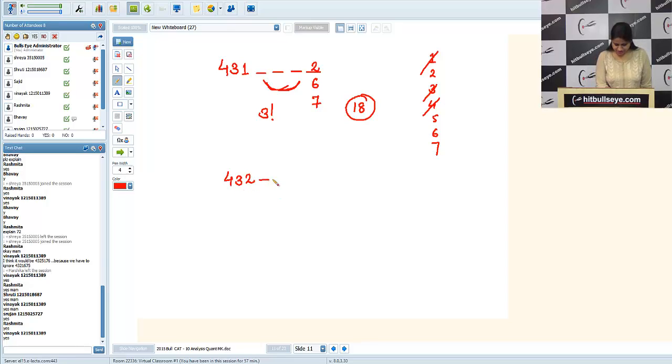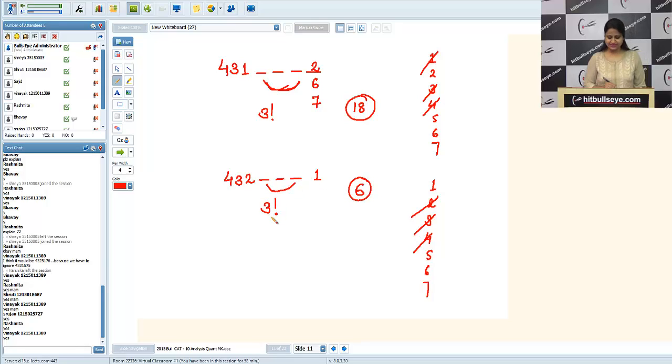So if you take 432 and the last place to be 1, 4, 3, 2 are used. The first category, starting with 432 but ending in 1, how many numbers are gone? 6 numbers, since for these, 3 factorial things are available. So 6 numbers are gone.